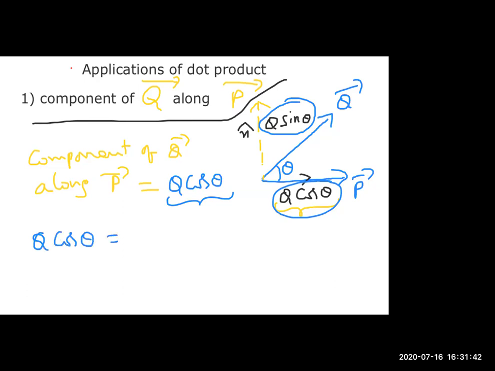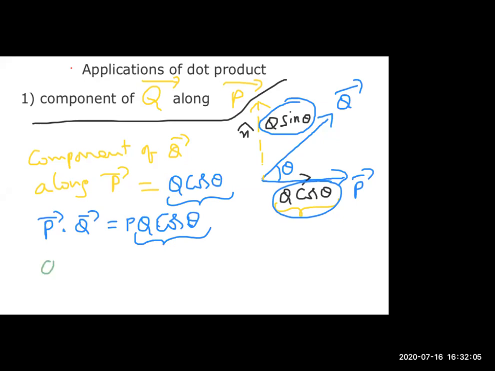How to find Q cos theta? I know the dot product of two vectors as P bar dot Q bar is equal to PQ cos theta. This is my formula for the dot product of two vectors. My target is Q cos theta. So from my target, what should I write now?